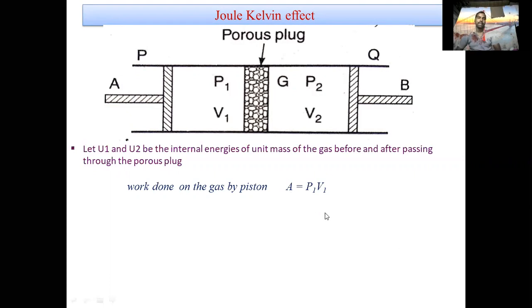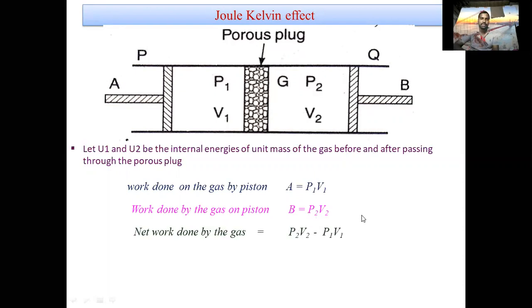Now another one, the work done by the gas on the piston, that is B, is equal to P2 V2. Now the net work in the total system is P1 V1 minus P2 V2. The net work done by the gas is equal to P2 V2 minus P1 V1.